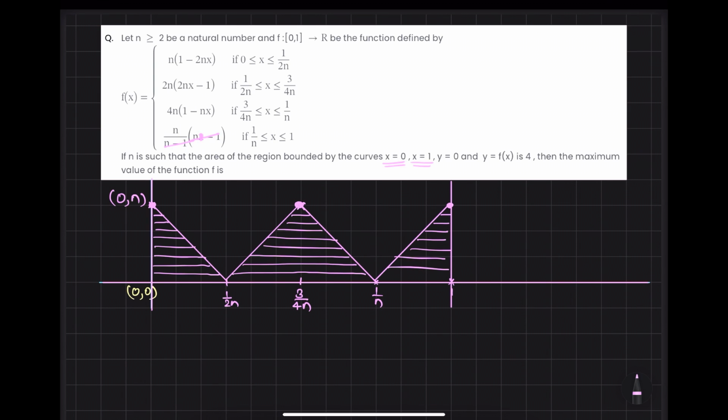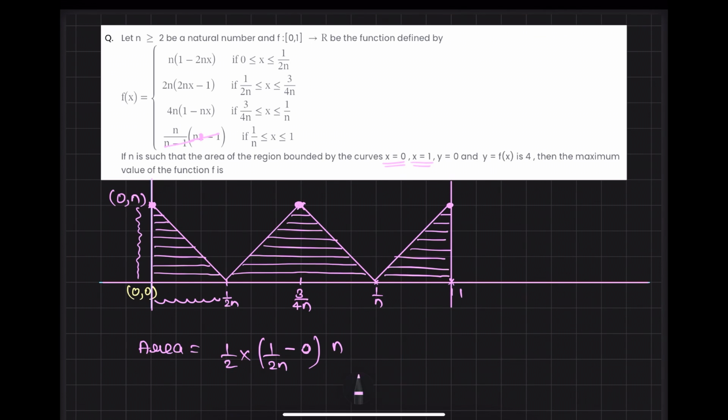So how will we respond? Look at this way. Can I say that area is half base? Base is what? 1 by 2n, final minus initial. So this will become the base and the height will become n.